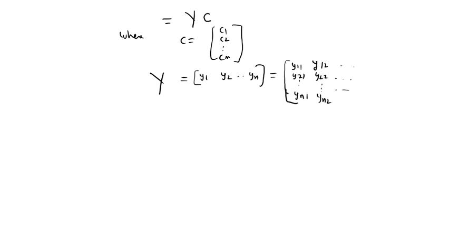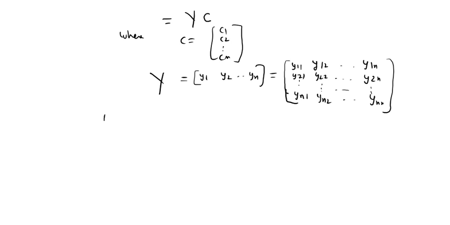And what is the last column? y1n, y2n up to ynn. So this is the matrix Y. Matrix capital Y can be obtained by putting y1, y2, y3 etc. in columns. The first column is y1, the second column is y2 and so on.